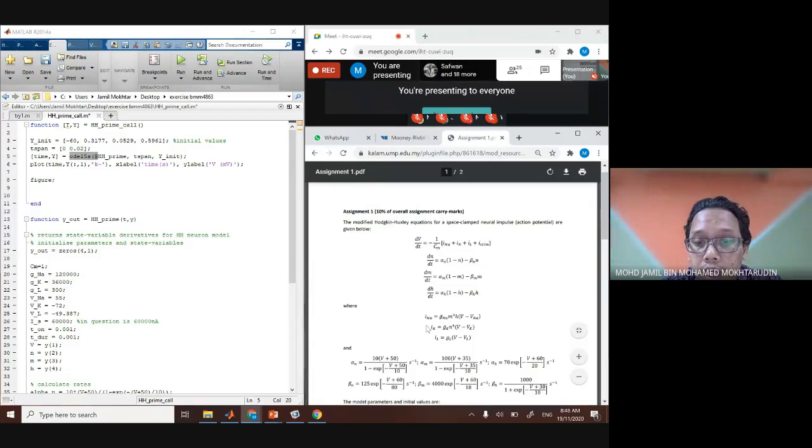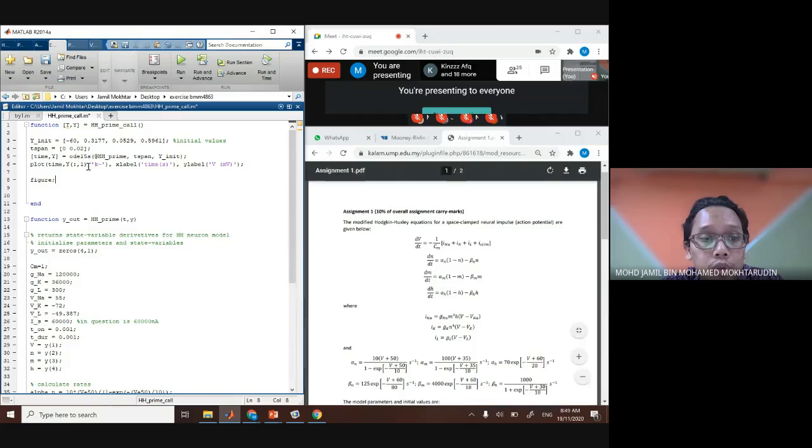But if you look at the three currents here, you need to rewrite them, because the currents have the variable M, H, V, N, but now you only have the values V, N, M, and H separately.